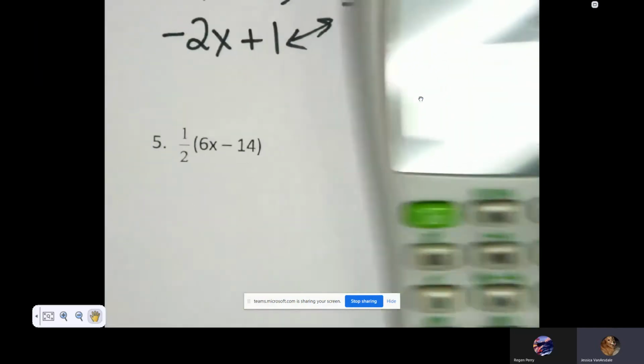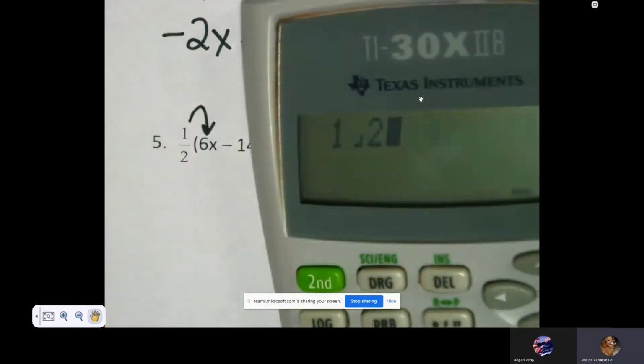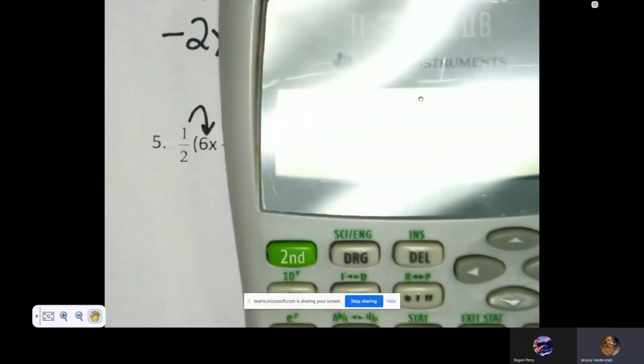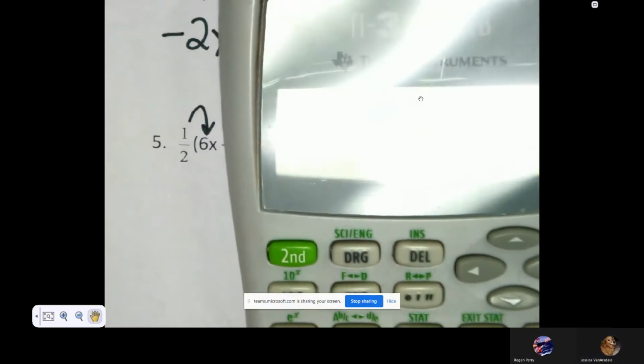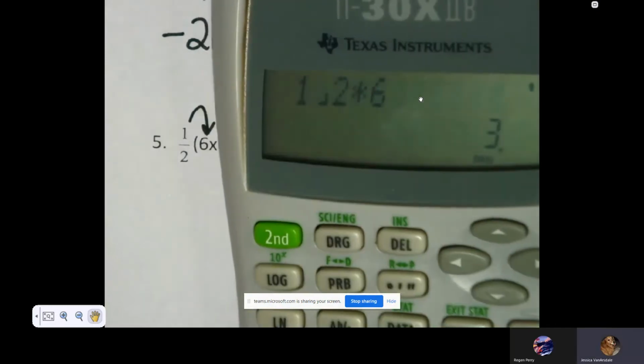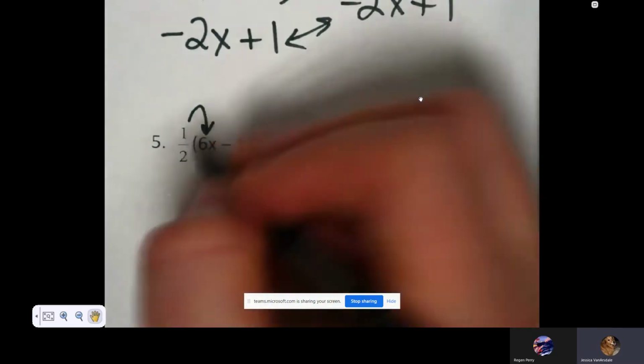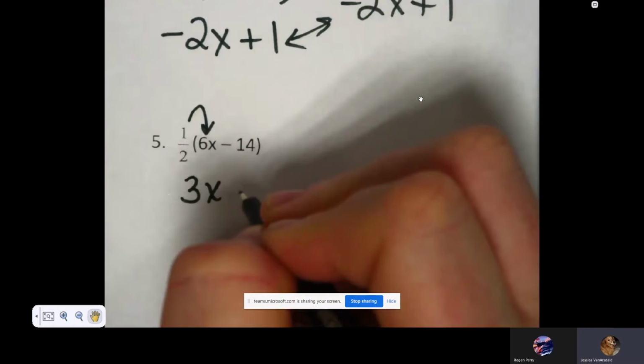On this problem we're distributing 1/2. So if we do 1/2 times 6, what do you get? 3. Yeah, you are dividing, Lyle. You're right. 3 is correct because it's just 6/2. So it's 3x.